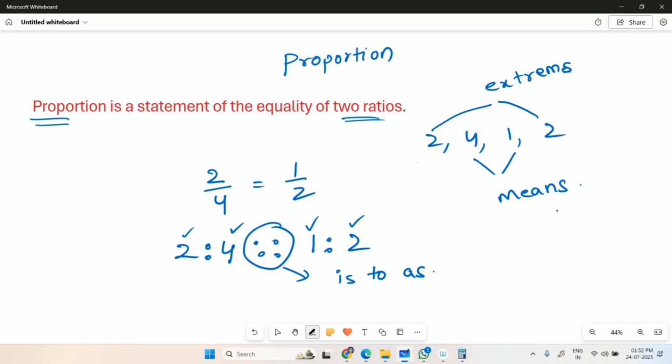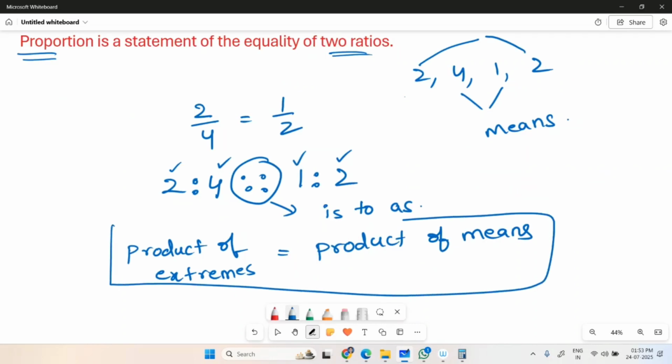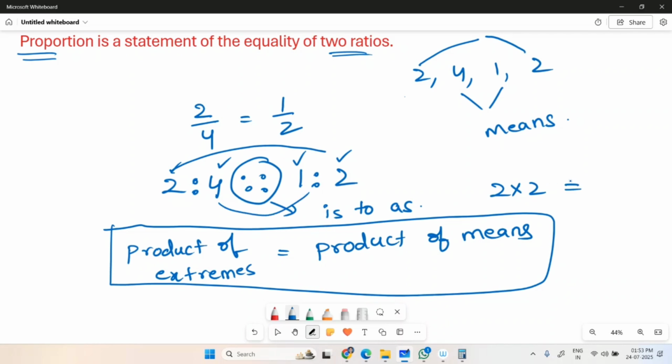Always remember that in a proportion, product of extremes should be equal to product of means. That means 2 times 2, which is 4, equals 4 times 1, which is 4. So that means these two are in proportion.